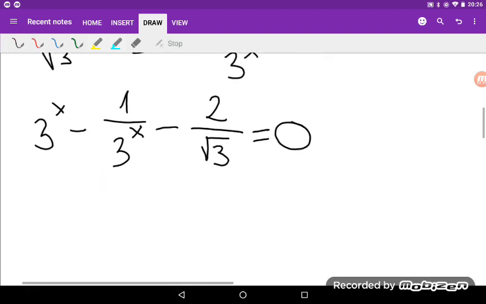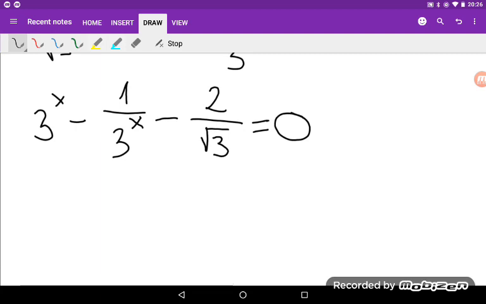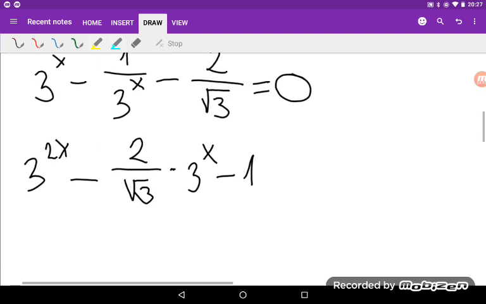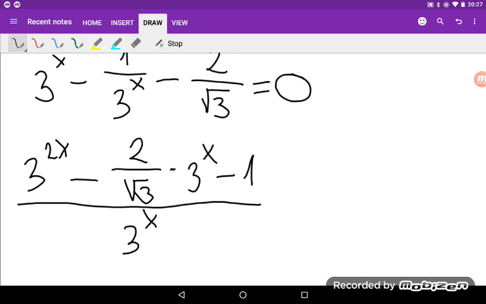Okay, and now I can just multiply by 3 to the power of x, and I get 3 to the power of 2x minus 2 over square root of 3 times 3 to the power of x minus 1, divided by 3 to the power of x is equal to 0.